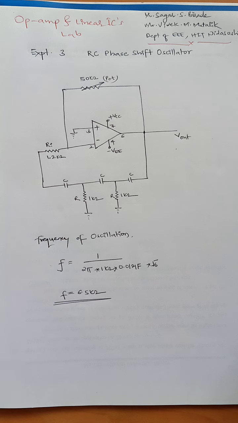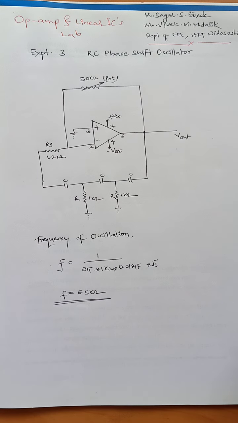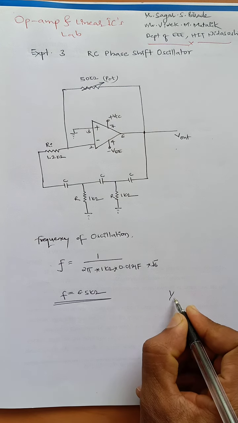Now this RC network, which is connected in a feedback loop, offers an attenuation of 1 divided by 29.